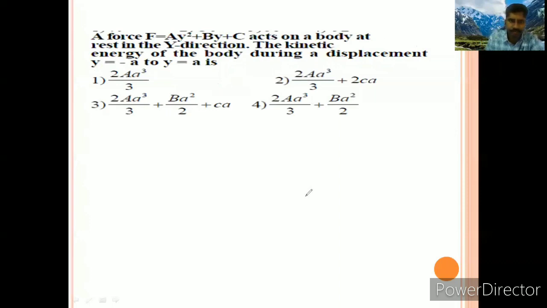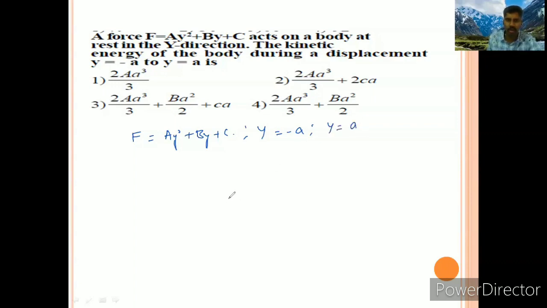So here a force F is given as a y square plus b y plus c, acting on a body at rest, in the y direction. They ask for the kinetic energy of the body during the displacement from y is equal to minus a to y is equal to a.